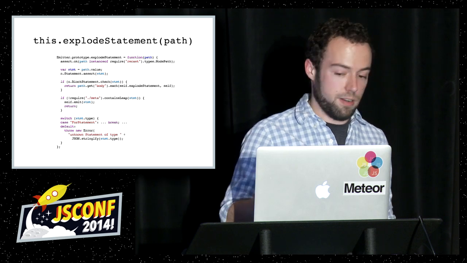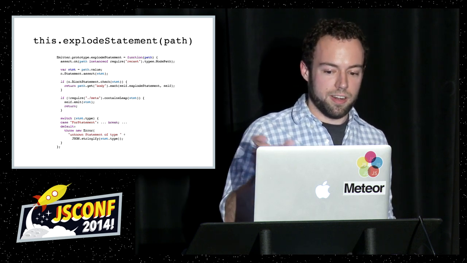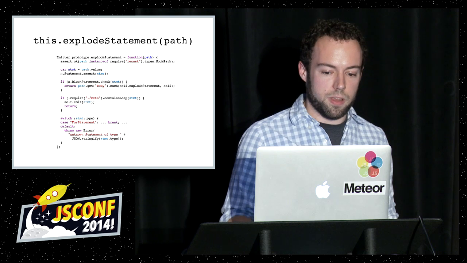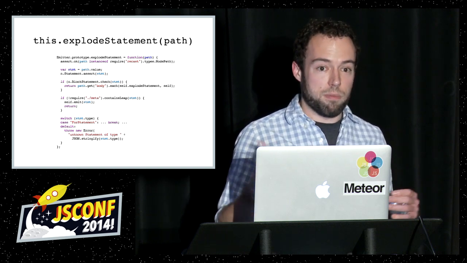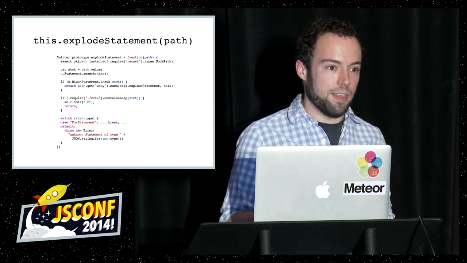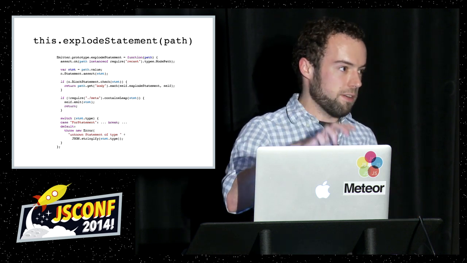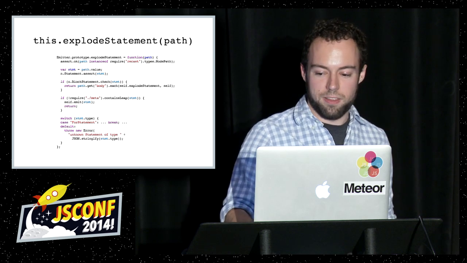If it doesn't, in my terminology, contain a leap, then we can just emit the statement as it was. So a large part of the performance promises of Regenerator is that if you're not using yield in a certain part of your code, it just is left untouched.